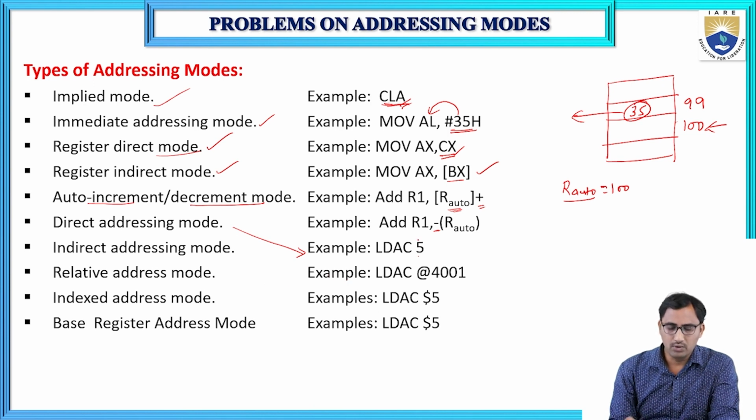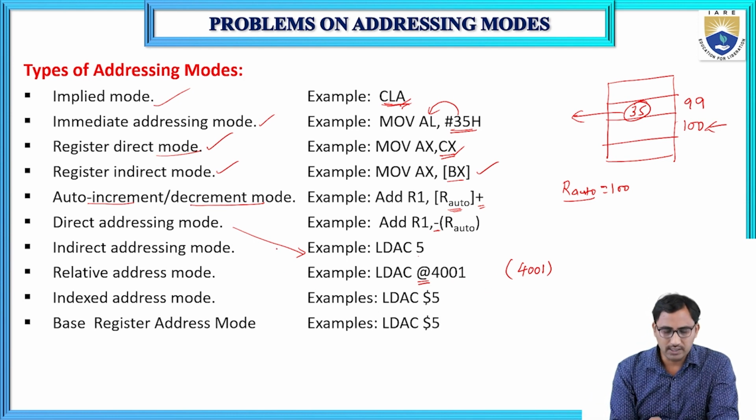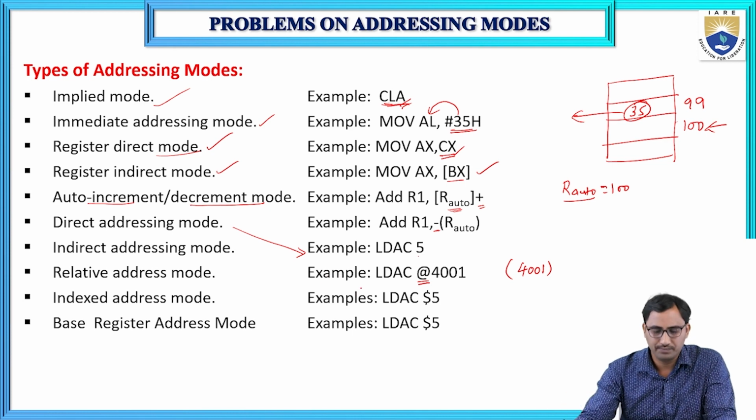The address we can specify by using the at the rate symbol, or we can also specify 4001 within parentheses. It represents that it is an address. So that means it is a direct addressing mode.